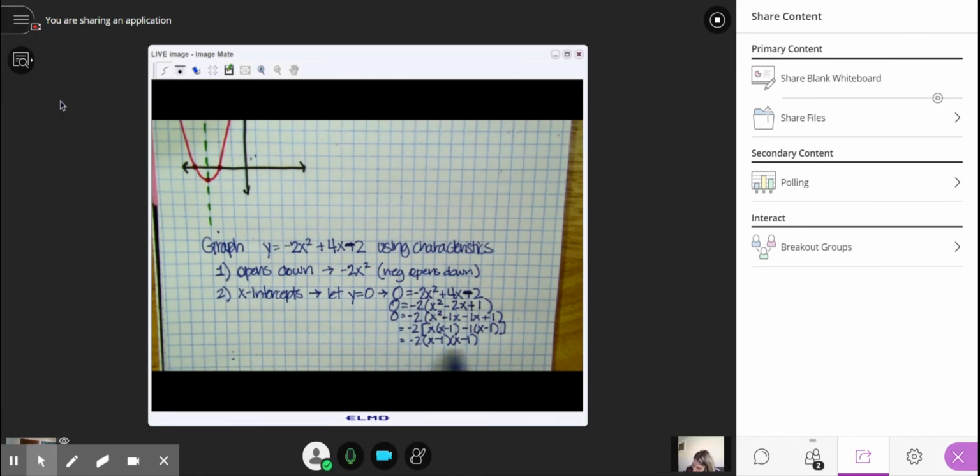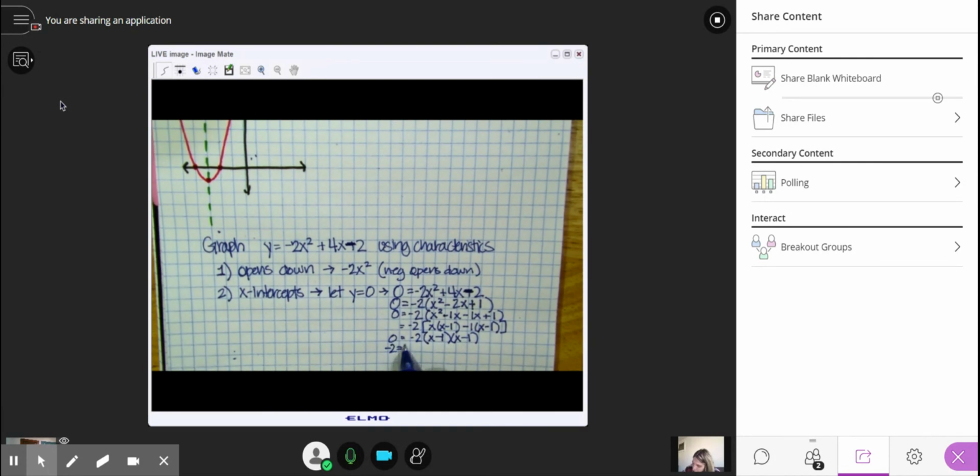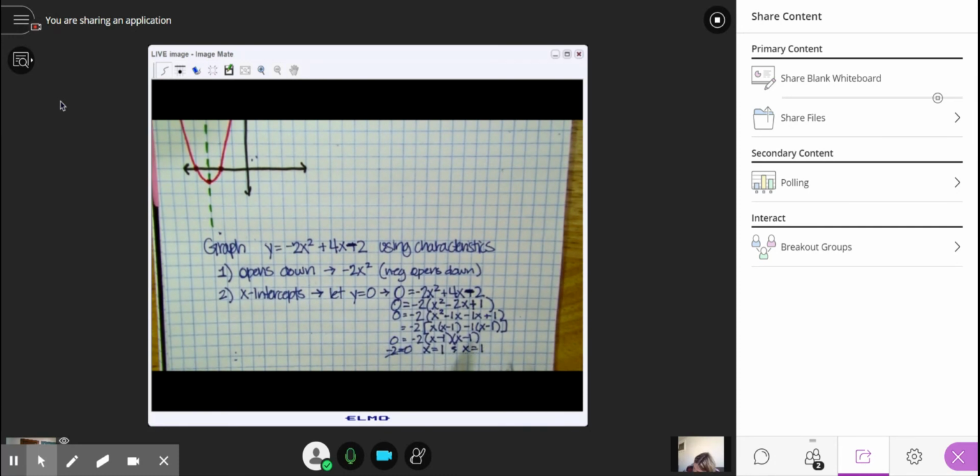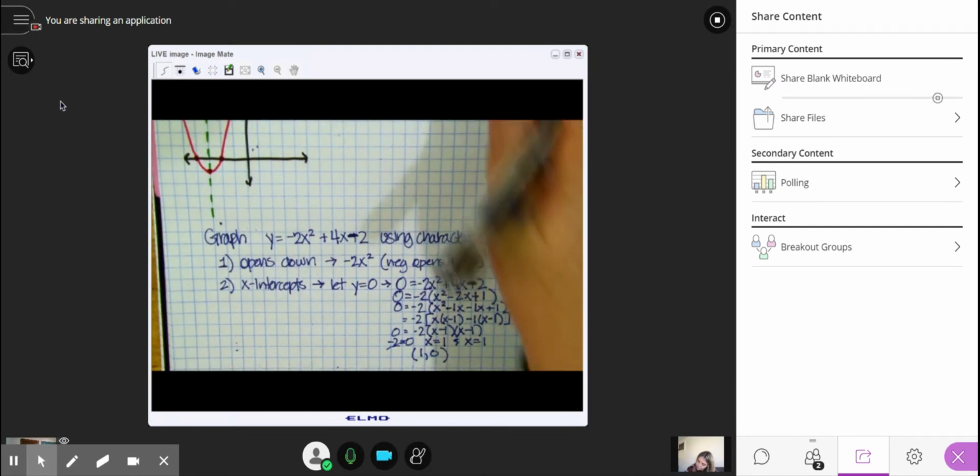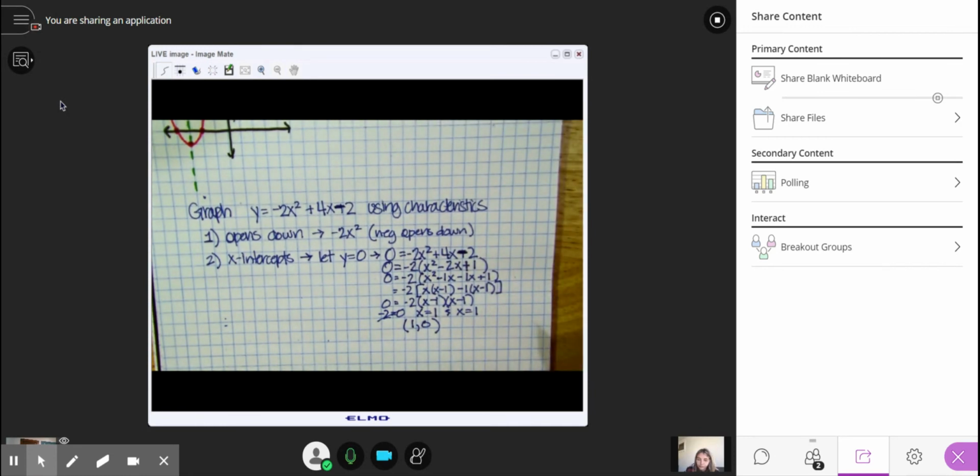So now here we can use our minis. Either -2 is equal to 0, which isn't going to happen, or x is equal to 1 and x is equal to 1. Do you see how we got the same x value twice?